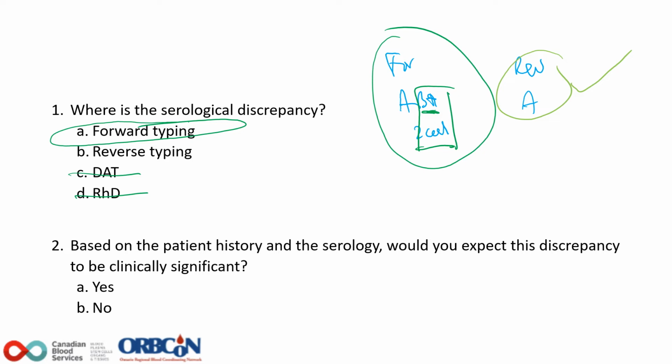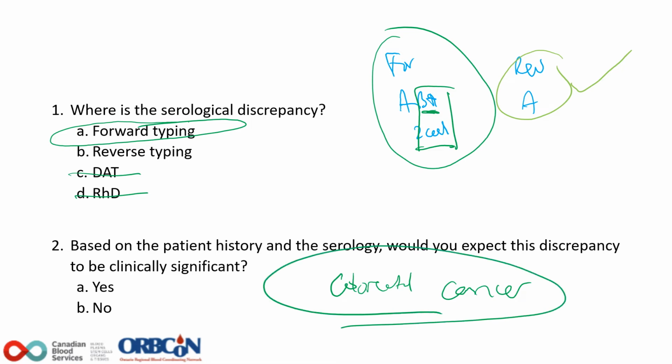Now, the history of the patient tells you that they have colorectal cancer, and that's the key to all of this. So people with colorectal cancer can have something called an acquired B. And we'll discuss more about this in the coming slides.